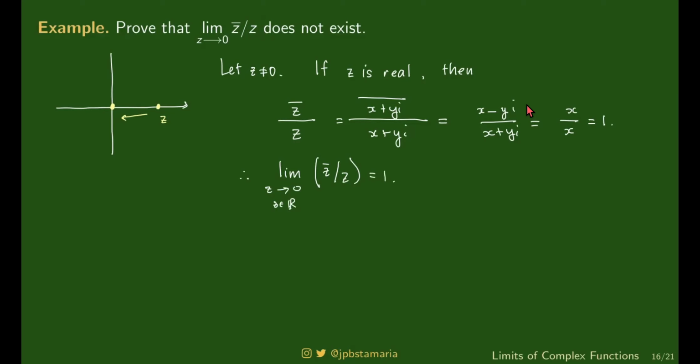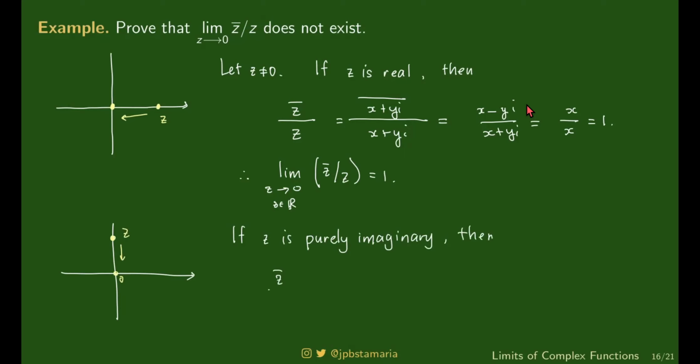On the other hand, kapag naman si z ay i-approach si 0, but this time coming from the imaginary axis, let's say that's z, approach niya sa 0 coming from the imaginary axis. So if z is purely imaginary, then this time, ano itsura ng z bar over z?